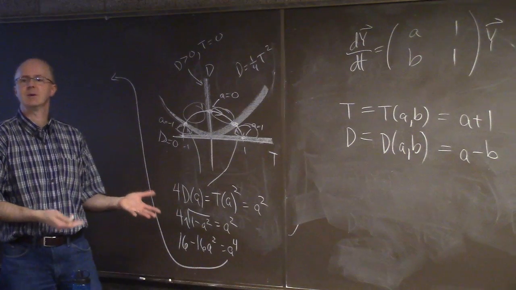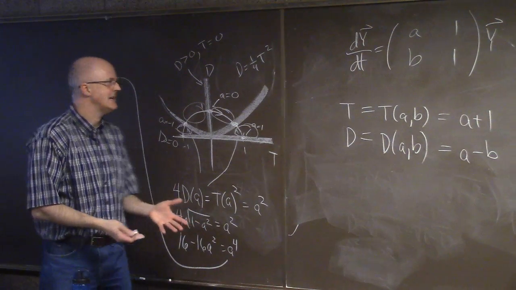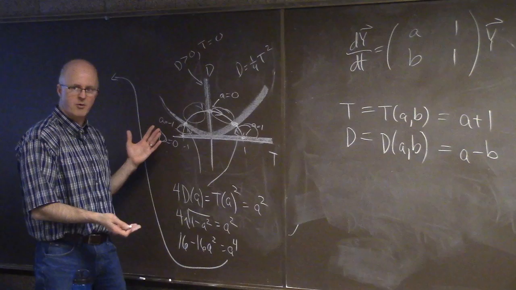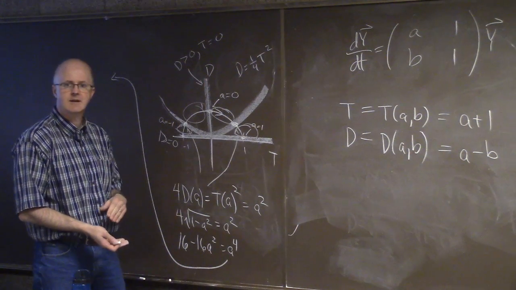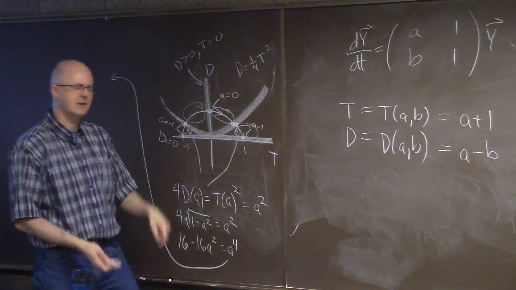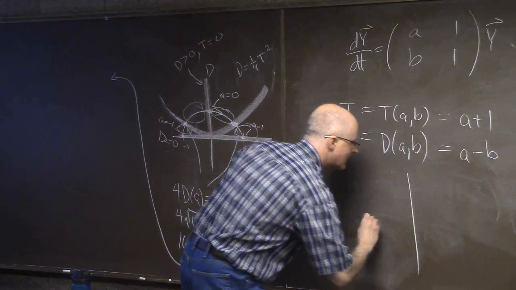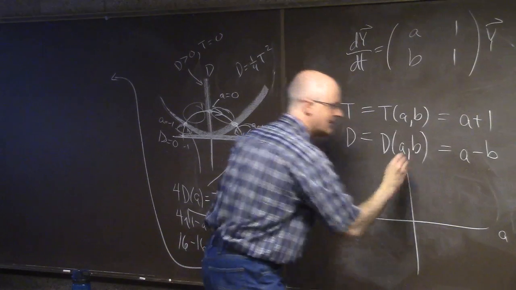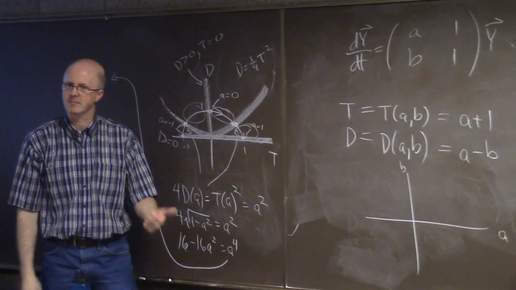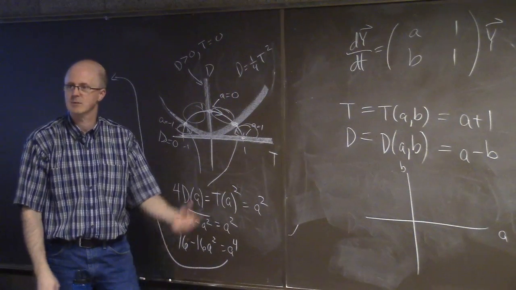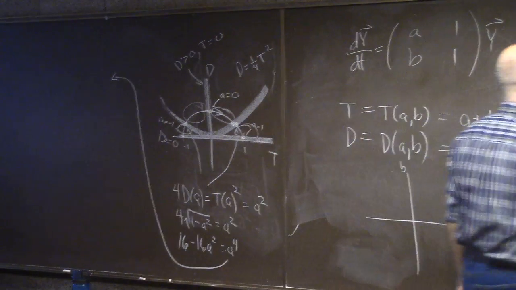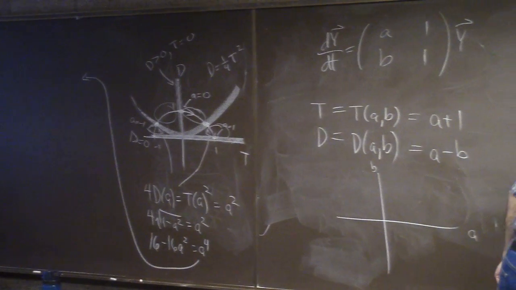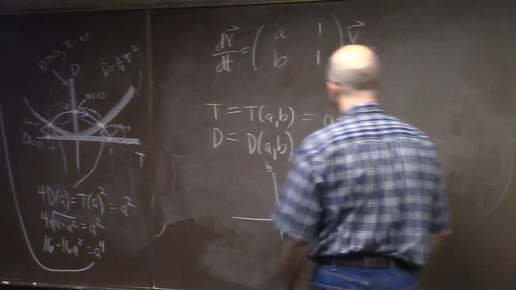Turns out the best thing to do in this kind of situation is to redraw the parameter plane to not be a TD plane, but instead be an AB plane. And again, you had a completion problem for today that was similar to this. So this shouldn't be completely foreign to you.